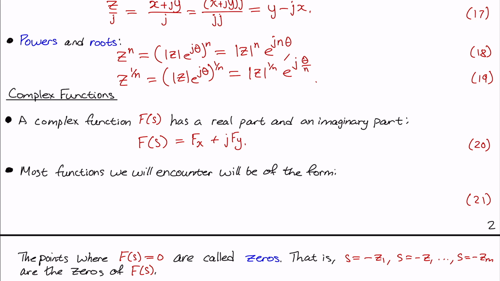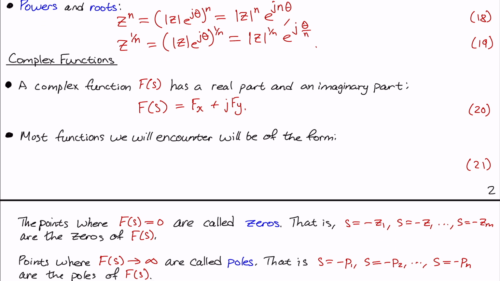And the independent variable s itself can also be complex. So a complex function is a function that will have both real and imaginary parts, and we also consider cases where the independent variable is complex as well.